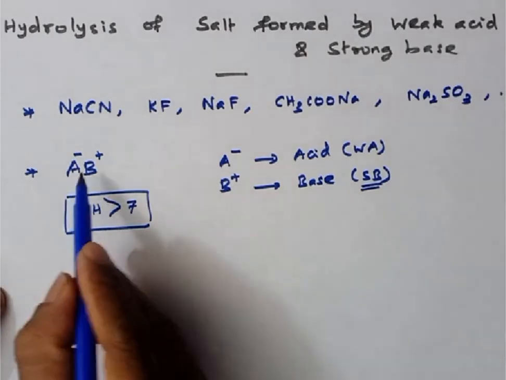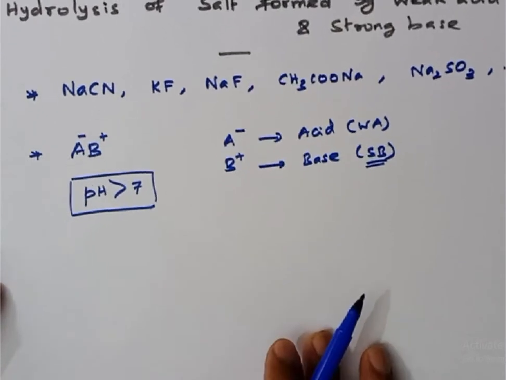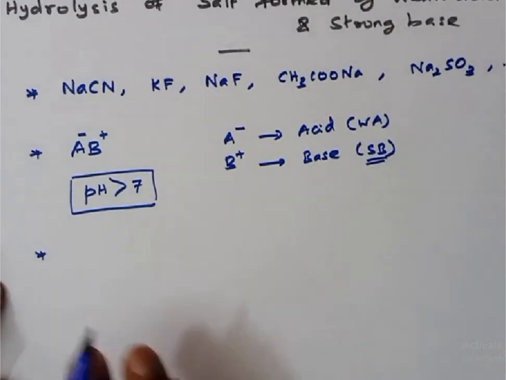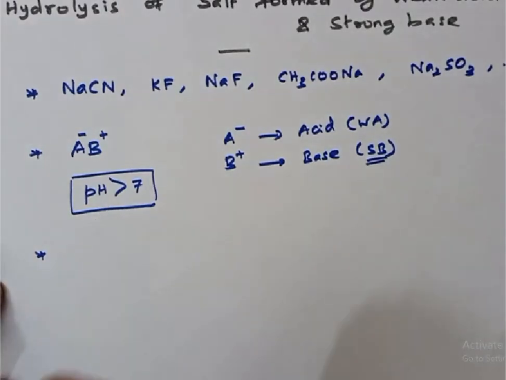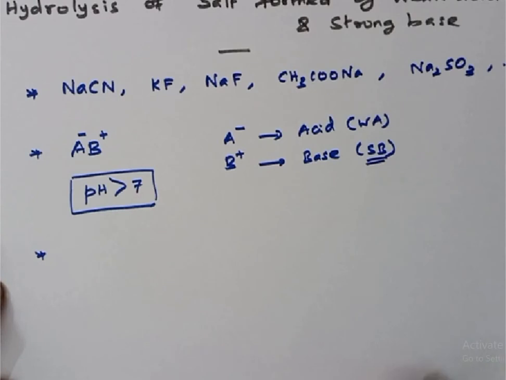I'm going to represent in general the salt as A minus and B plus. Now we'll discuss how to find the pH of the solution, how to find the hydrolytic constant, and what is degree of hydrolysis. Everything we are going to discuss here.